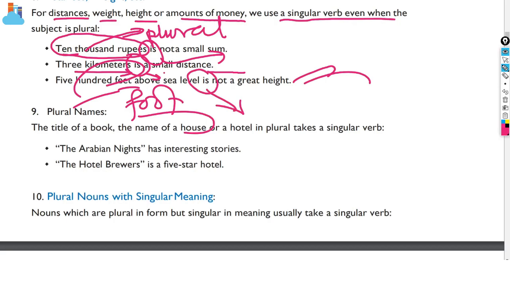This is the exception to the rule and you will have to remember the exceptions.